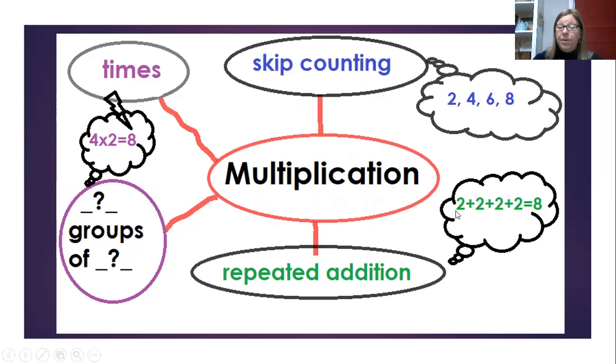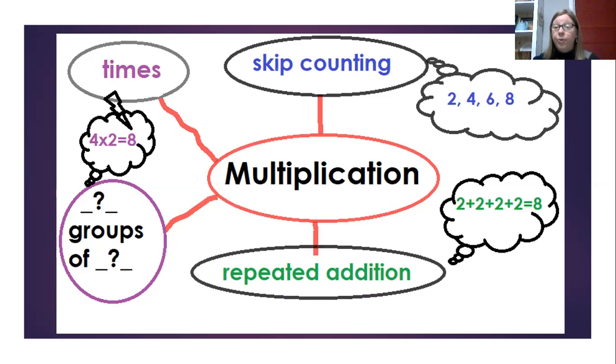If this addition sentence matches what you did with your collection, perhaps you grouped your Hot Wheels in groups of 2, and that you had 4 groups, then this would be the addition sentence that you would use. 2 plus 2 plus 2 plus 2.